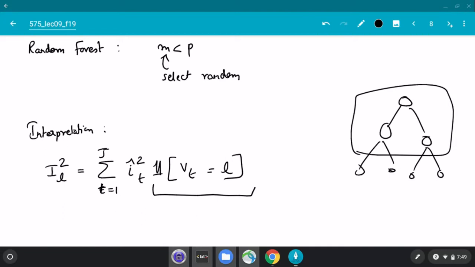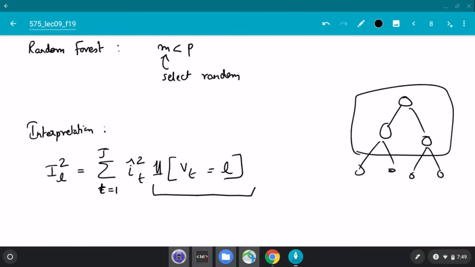And what is this term? I_t hat squared is just the improvement, or the delta, in, for example, the mean square error. Before the split and after the split, there was some mean square error. At the region, there was some constant. I split it into two regions, and there are two new constants.